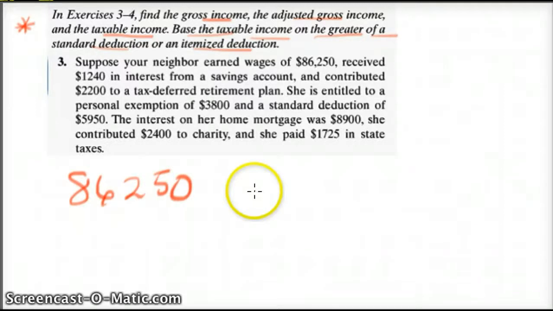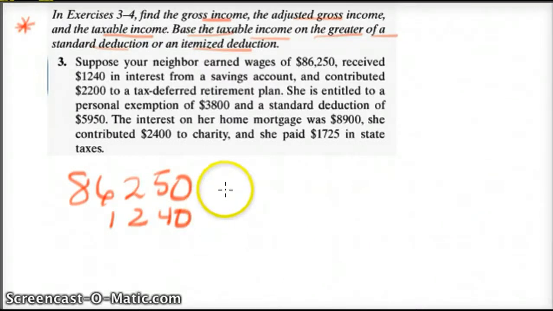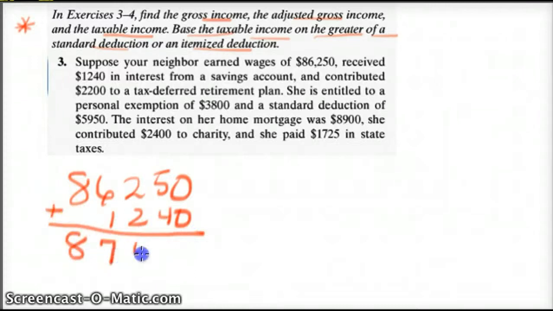He received interest on his savings account, that's $1,240, and contributed to a retirement plan. This is all the money going in. We're going to add these together: 87,490. So this is his gross income.